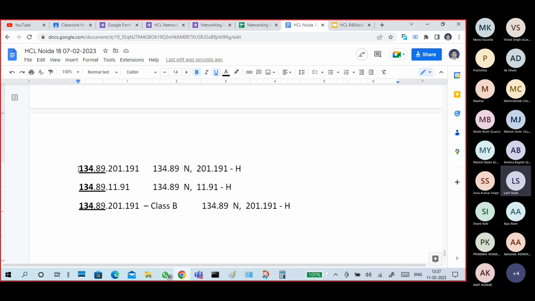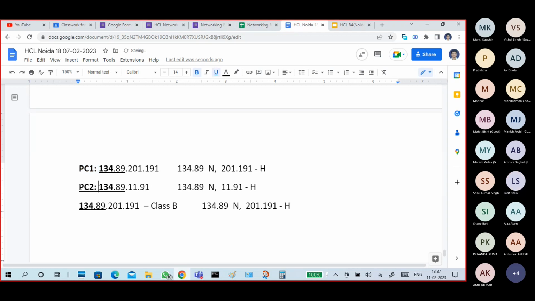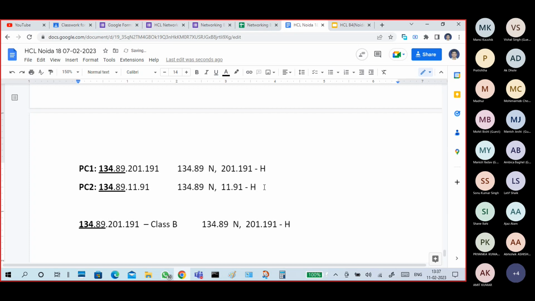For example, you have a computer called PC1, and PC2.